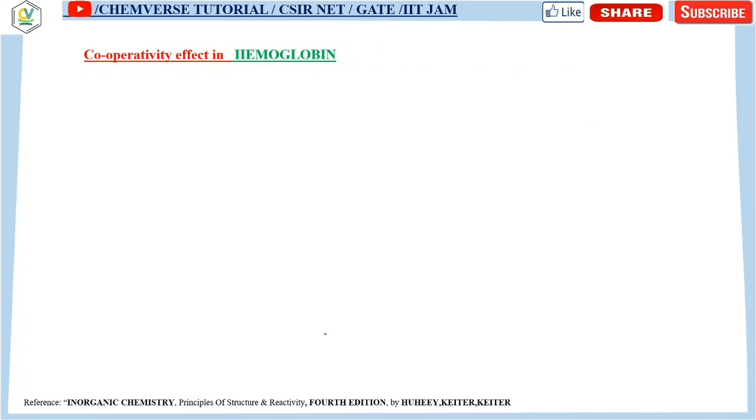Now let's discuss the cooperative effect of hemoglobin. First let's discuss the kinetics of oxygen binding. Hemoglobin binds with the first oxygen molecule with equilibrium constant K1. It produces HbO2.